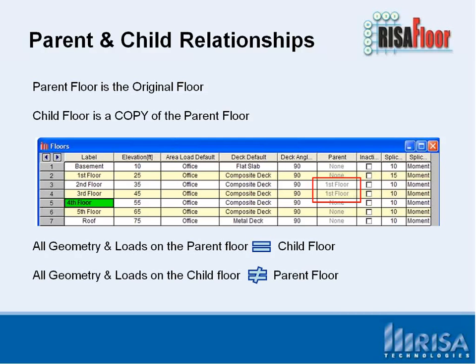But any changes that happen on the child floor do not get affected to the parent floor. So if you have special equipment or loading configurations on that child floor, they don't get populated back down to the parent. So it's a really good tool to use, especially on a big building.